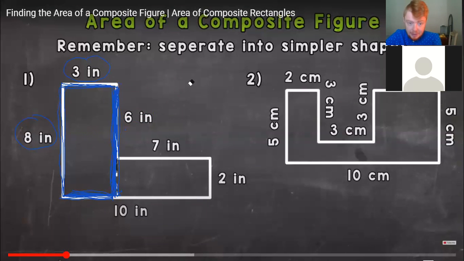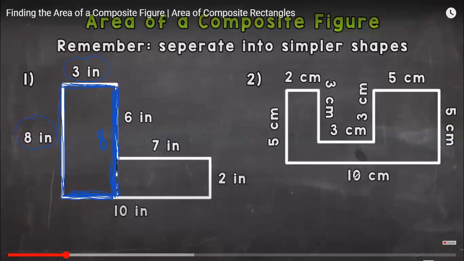So now that we know that, what's this side down here going to be? What's this side down here going to be? What about you, Demetrius? What's this side going to be?